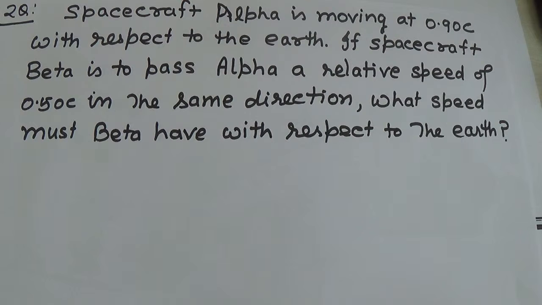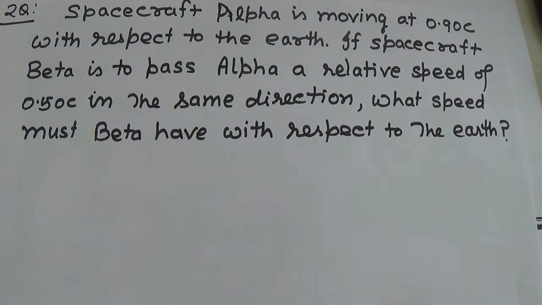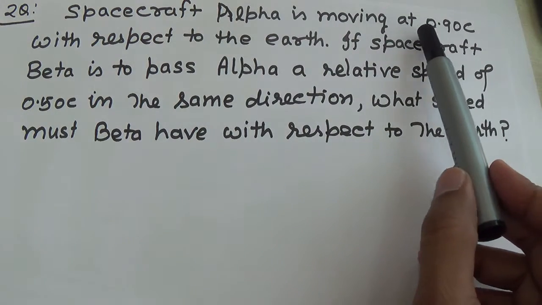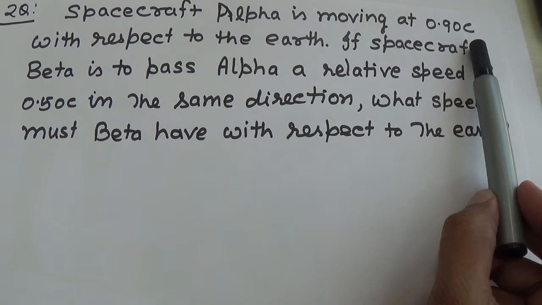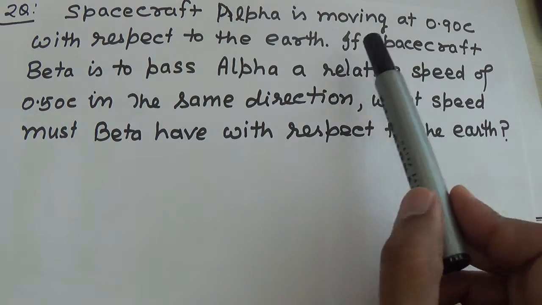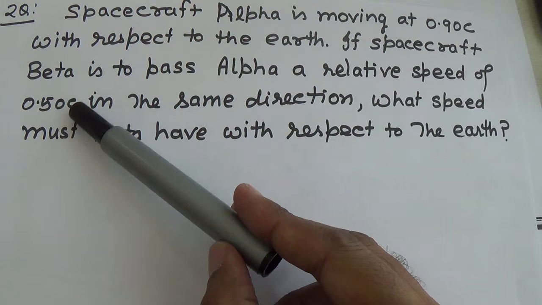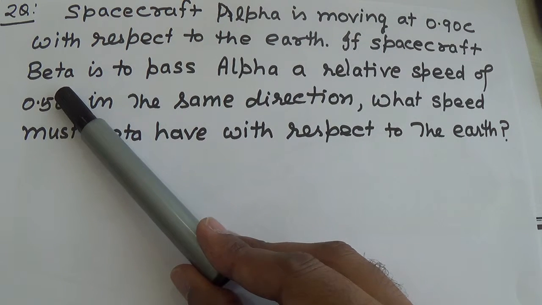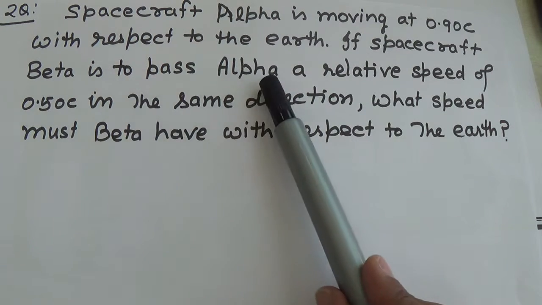Now you can again think about the same example which we considered here, that there is a bike. Now instead of a bike there is a spacecraft alpha moving at 0.90 c relative to the earth, so this will be v. There is another spacecraft beta, and you can imagine it as the ball thrown in the forward direction.